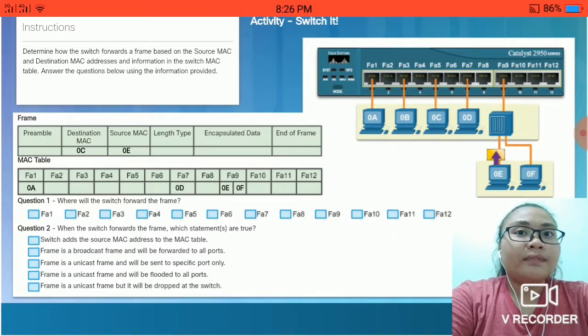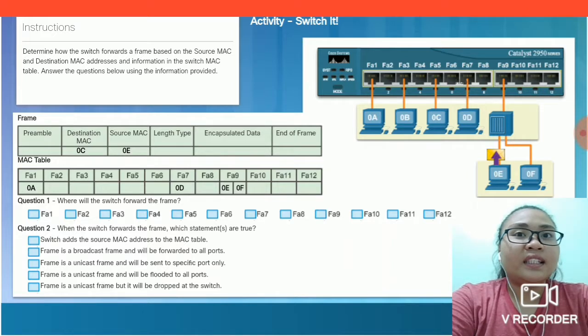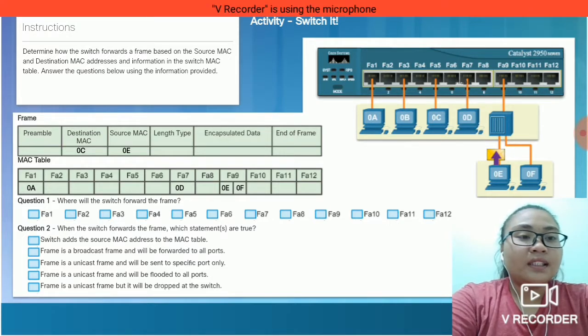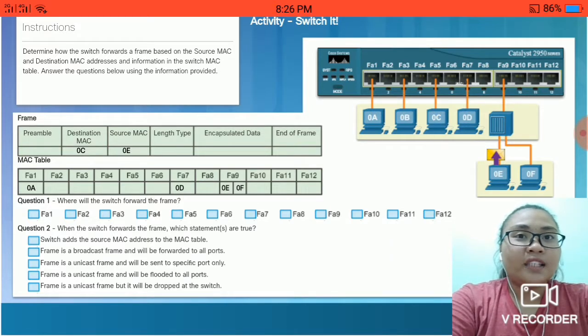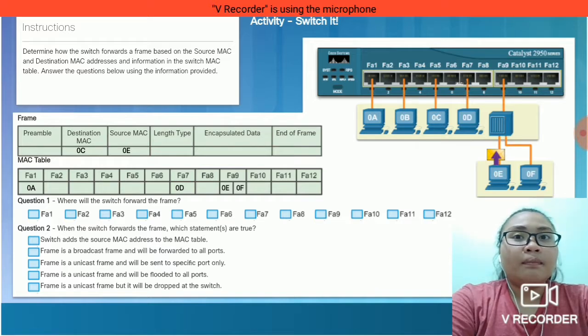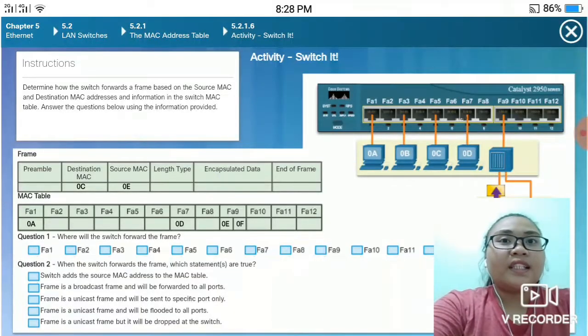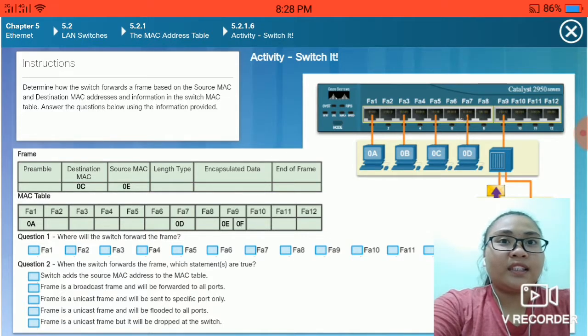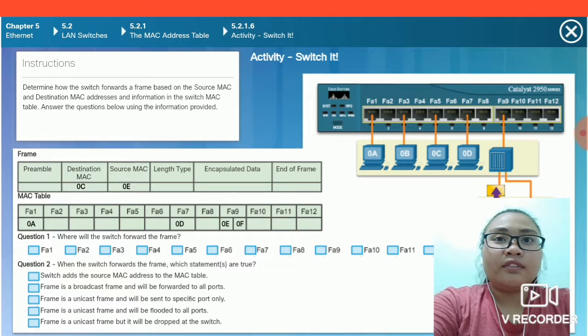To switch frames between LAN ports efficiently, the switch maintains an address table. When the switch receives a frame, it associates the media access control or MAC address of the sending network device with the LAN port on which it was received. The switch dynamically builds the address table by using the MAC source address of the frames received.